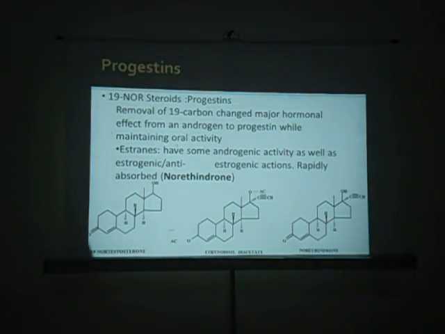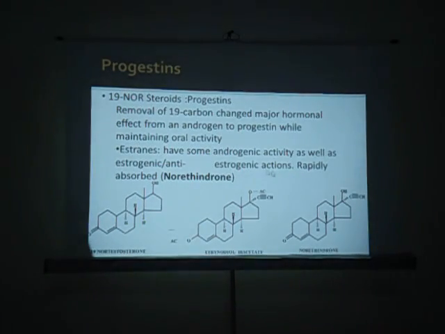So progestins, the 19-nor steroids. After removal of the 19 carbon, the major hormonal effect shifts from androgen to progestin, and they can be maintained with oral activity. Normally all hormones don't have oral activity. The synthetic ones have this oral activity.